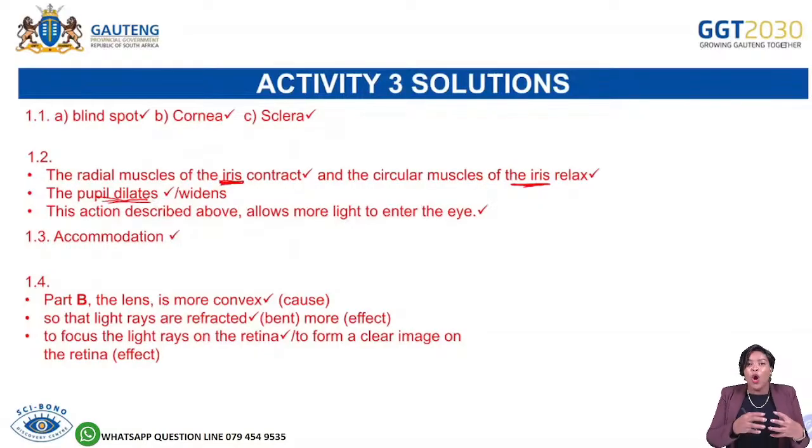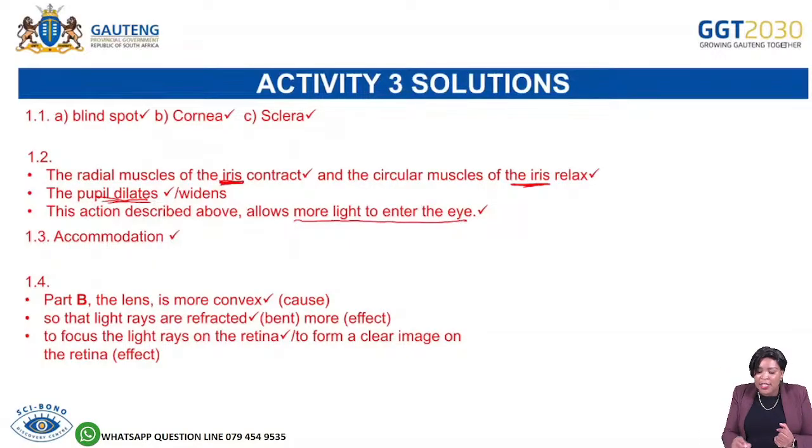And when it dilates, it allows more light to enter the eye. Then you have your 4 marks. So remember how to answer the pupillary mechanism for dim light. Use your mnemonic system. How to answer the pupillary mechanism for bright light, also use your mnemonic system.